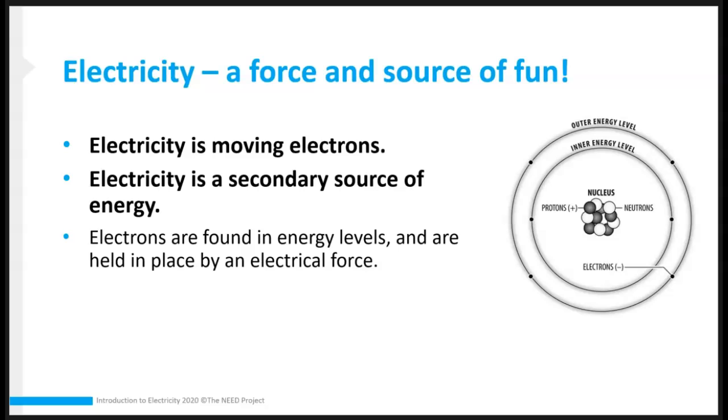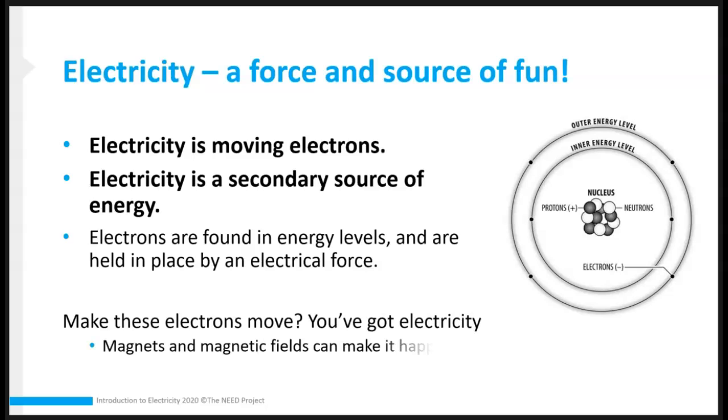They can move from one atom to another, creating electricity. So the trick is, if we can create a force that can push those electrons and get them moving, we get electrical current. Magnetic fields can produce the force to push electrons in metals that have loosely held electrons.